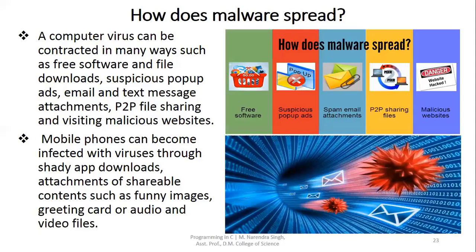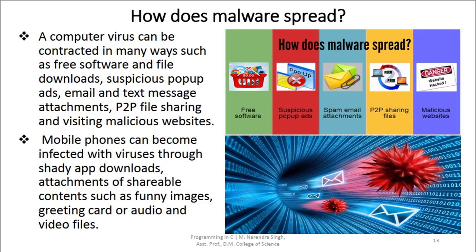When we click on email attachments or text attachments sent by unknown persons or unknown companies, we might get infected with a virus. When we share files among our friends through P2P, peer-to-peer file sharing, those files might contain malware. And when we visit malicious or unknown websites, our computer might also be infected.